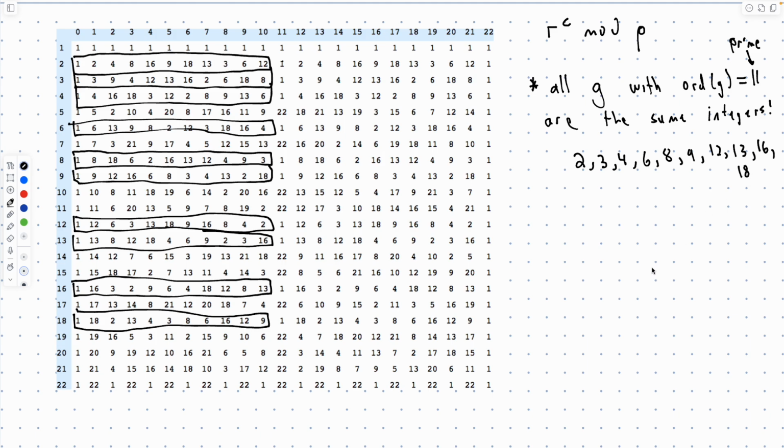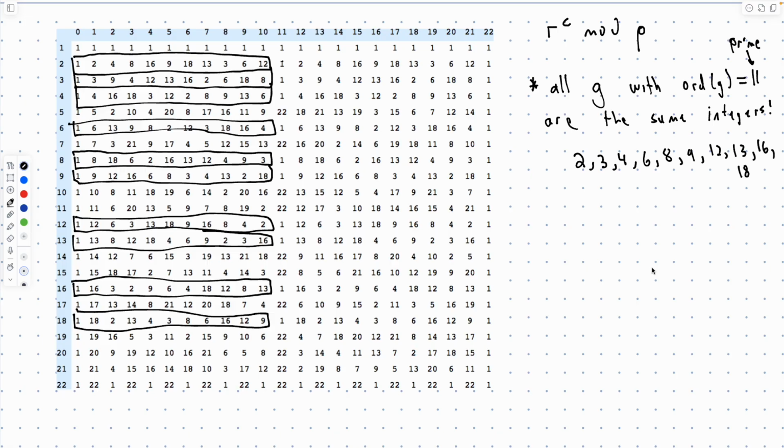Now, next question. How many of those are there? How many groups of order 11 are there? Just count them. There's 11. So I have a bunch of integers that have order 11, and there's exactly 11 of them.